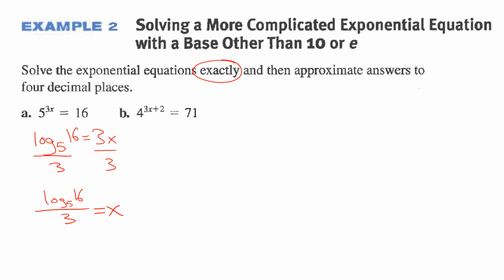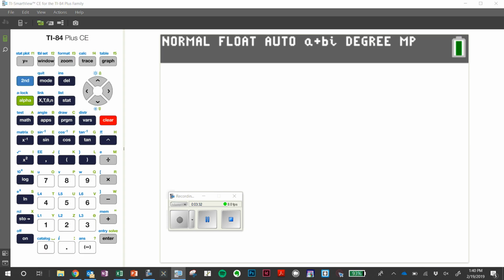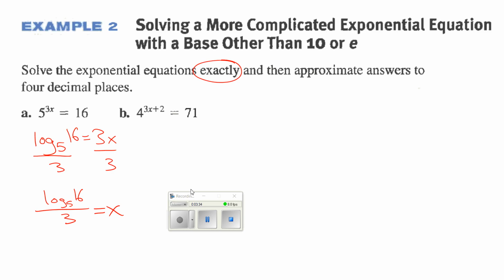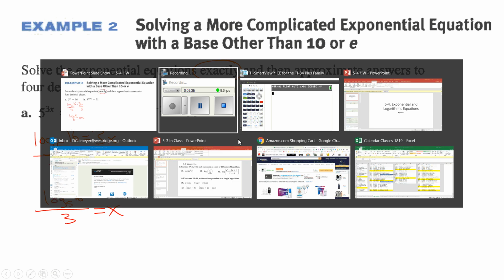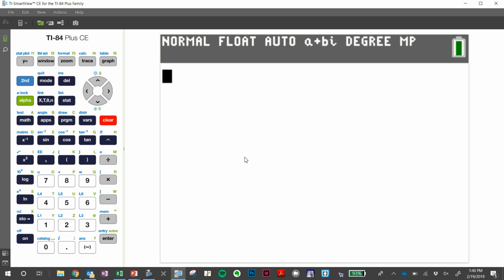And then it does want us to solve this to 4 decimal places. So let's go grab our graphing calculator. So this was log base 5 of 16. Remember, we write this as log 16 divided by log 5.